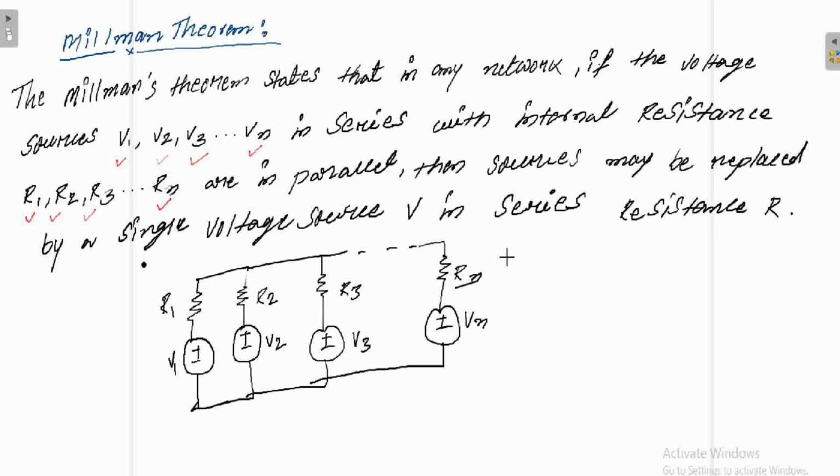Then this total circuit may be replaced by a single voltage source in series with a resistance R. So this is the statement of Millman's theorem. It says that if a circuit has n number of voltage sources in series with resistances, you can replace the total network with a single network containing a single voltage source in series with a resistance.